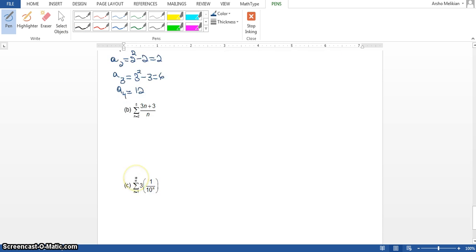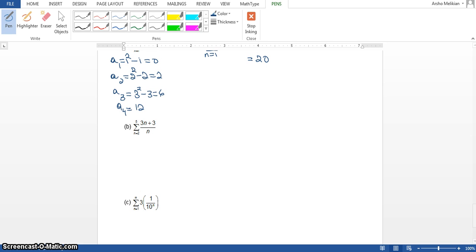Finally, the last two are as follows. Now here I want to go from n equals 2 to n equals 5. So I want to find A2, which is 3 times 2 plus 3 over 2, and A3, which is 3 times 3 plus 3 over 3, A4, 3 times 4 plus 3 over 4, and A5.